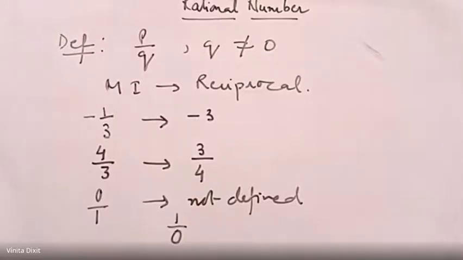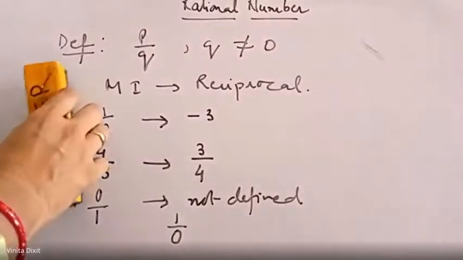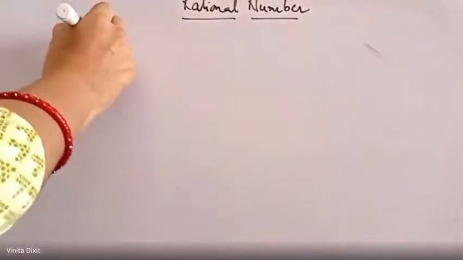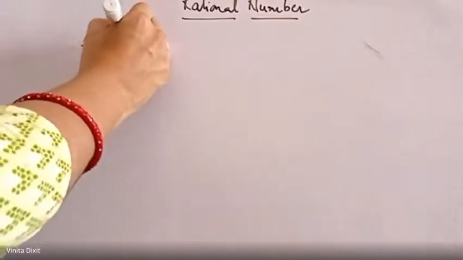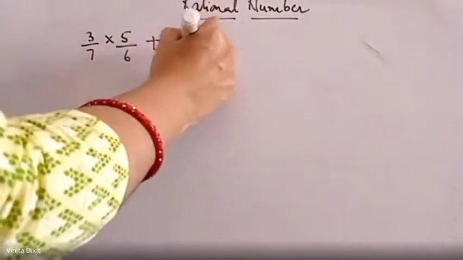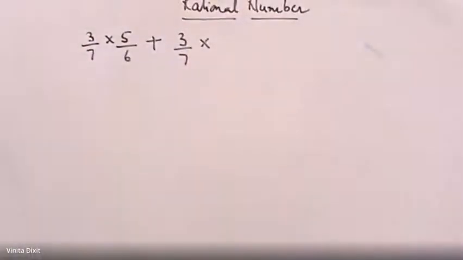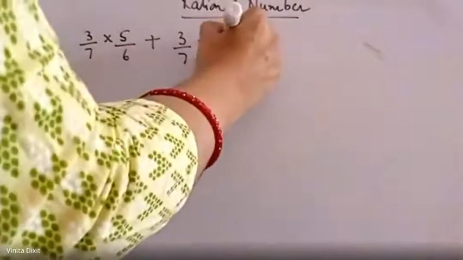Now children, after this I will be taking an example of distributive law, which is a very basic part of this chapter. And you should know how to solve the questions based on distributive law. So see, 3 upon 7 into 5 by 6 plus 3 upon 7 into 13 by 12.